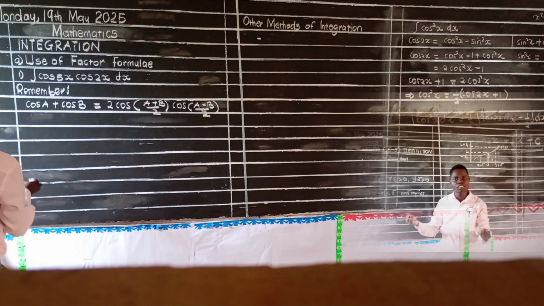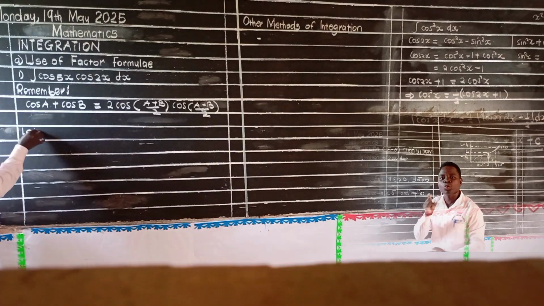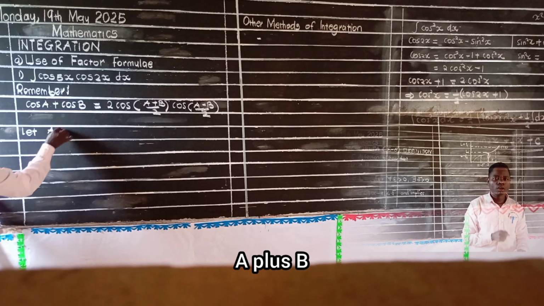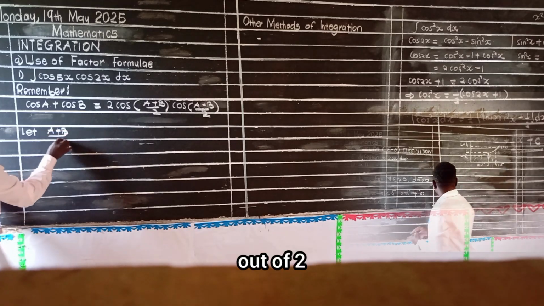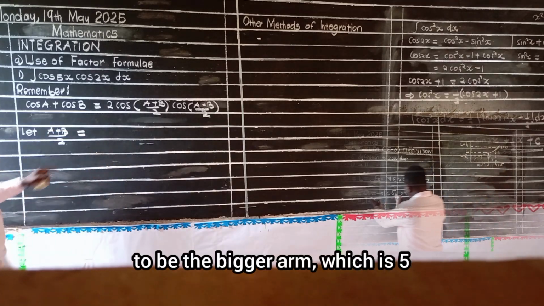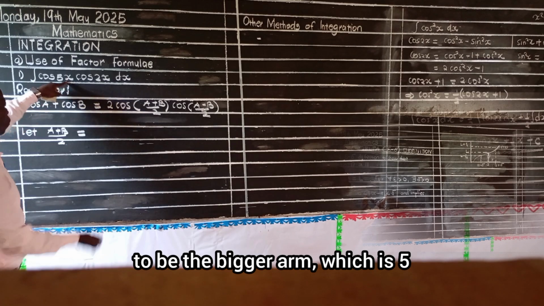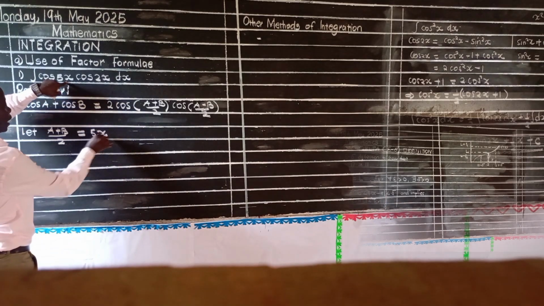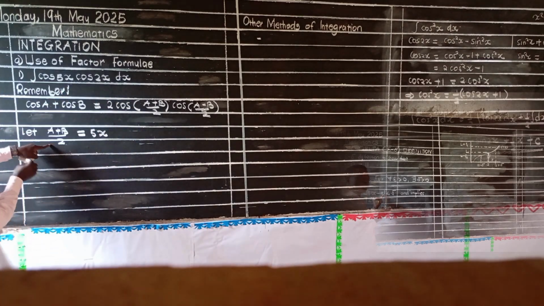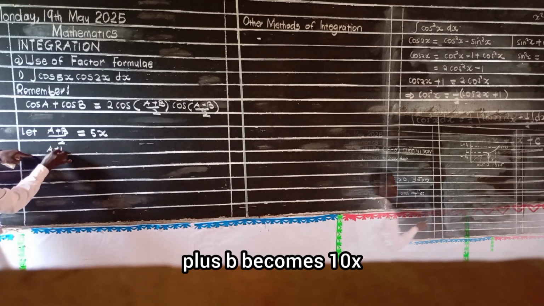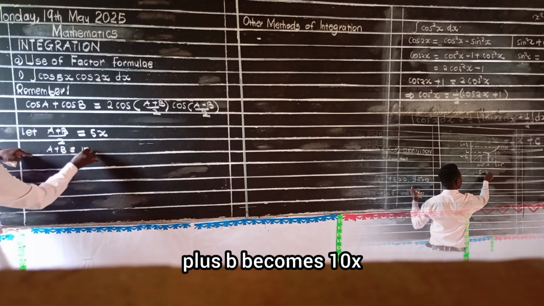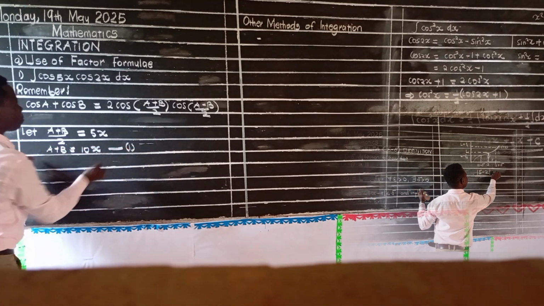Therefore, what we do, we can say that let (A plus B) over 2 be the bigger angle, which is 5x. Say that A plus B becomes 10x. Call this equation 1.